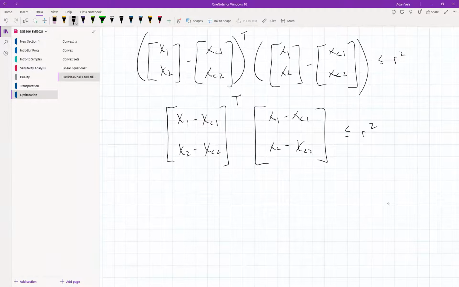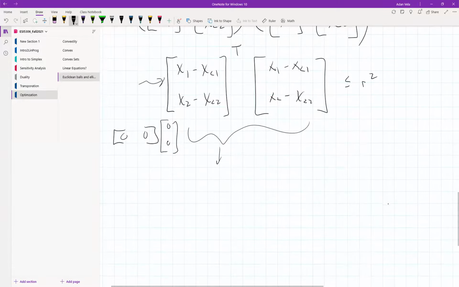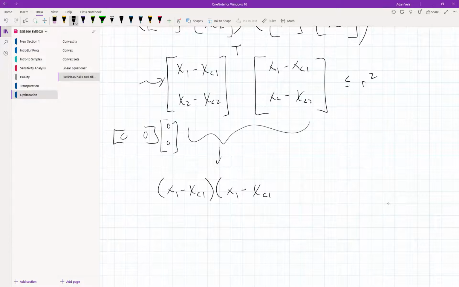All right. If we go through that multiplication, so this gets turned sideways. So it's going to look like that. Right? So you're going to have one value and another, and then we're going to multiply it times a column vector. And so the output of this whole thing is equal to x1 minus xc1 times x1 minus xc1 plus x2 minus xc2 times x2 minus xc2, and that's all less than or equal to r squared.